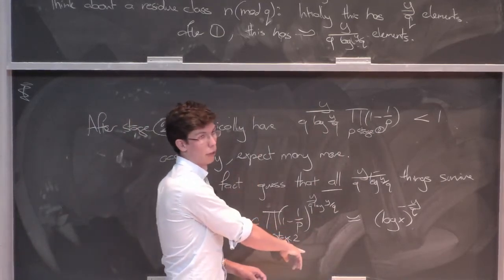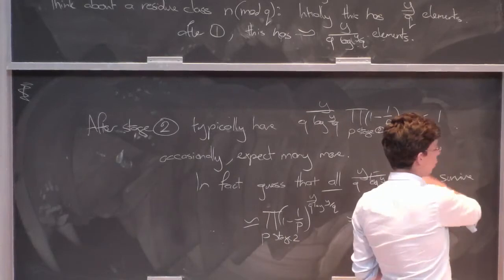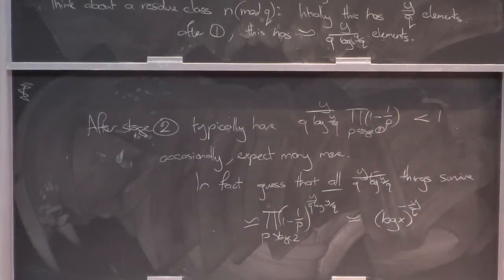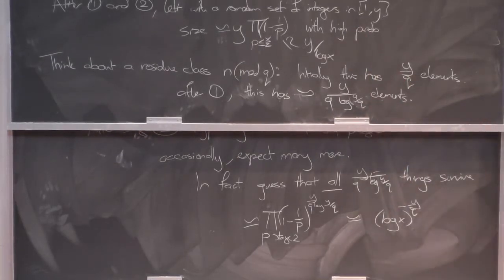However, occasionally you can do rather better than this. And in particular, because you can do rather better than this, if you always had this expected number of things being sieved out, then you'd remove an extra proportion e to the minus t from that initial set I had of size y over log x. So this was talking about one individual residue class, whereas this is talking about the whole set. Does that make sense?